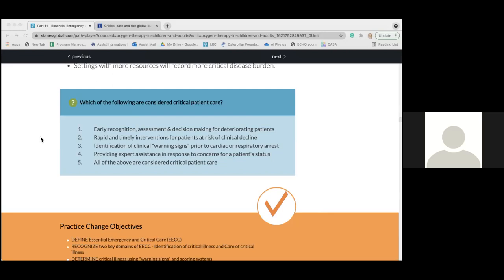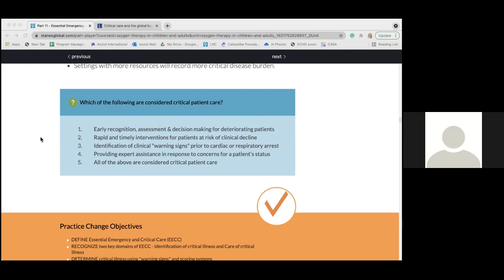The 4th option reads providing expert assistance in response to concerns for a patient's status. As you are monitoring the patients, you notice some early warning signs, some red flags based on the assessment of vitals, maybe the SpO2 is falling, or the blood pressure is falling, or various other clinical deteriorating signs.